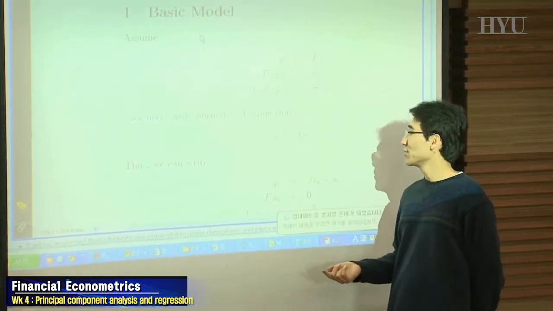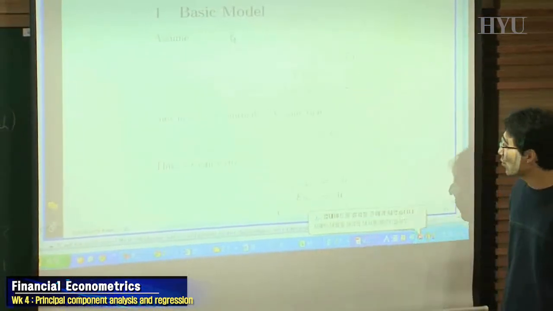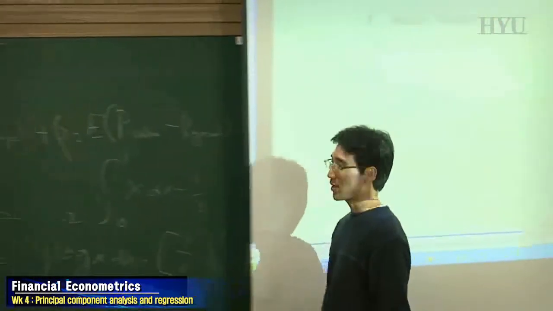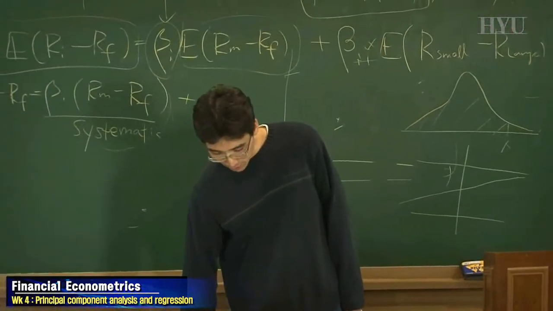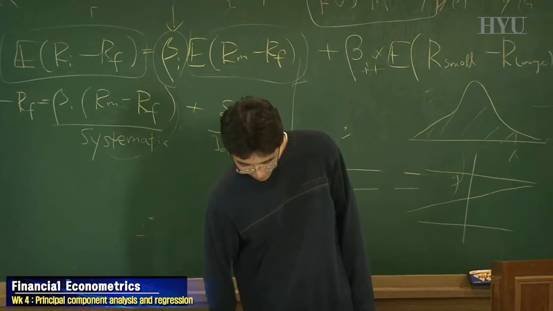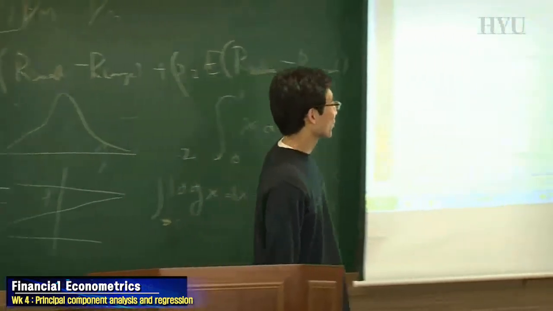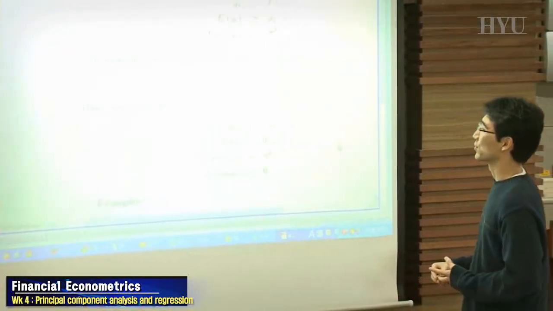So if we combine them all, y_i equals beta x_i plus u_i, the expected value of u_i is 0, the variance of u_i is sigma squared, and it is very important that the expectation of x_i multiplied by u_i is 0.